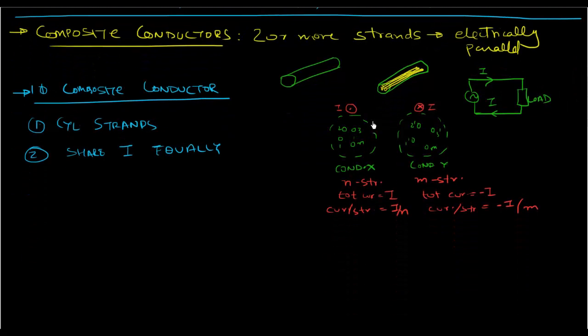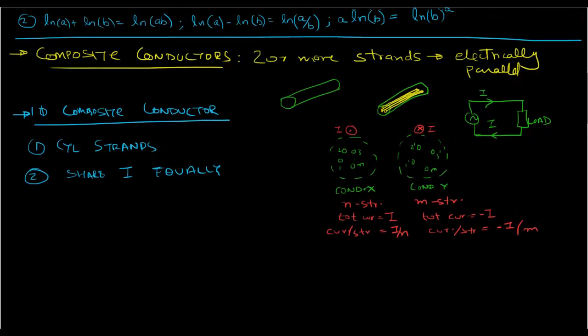So that should be pretty clear from this diagram and the discussion we've just had. So we're going to take a single phase circuit that has composite conductors, right? With N strands and M strands.